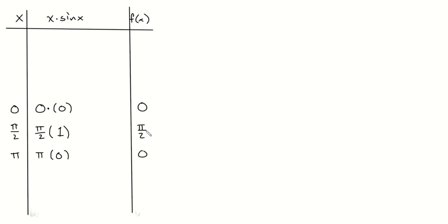Ready to get weird? Good. I want you to do 3 pi halves and 2 pi for me. And then while you're at it, you might as well do negative pi halves, negative pi, negative 3 pi halves. And then we're going to divvy this up a little bit. And negative 2 pi.